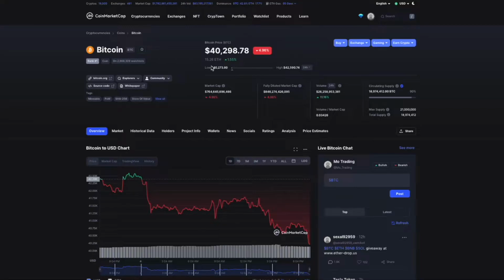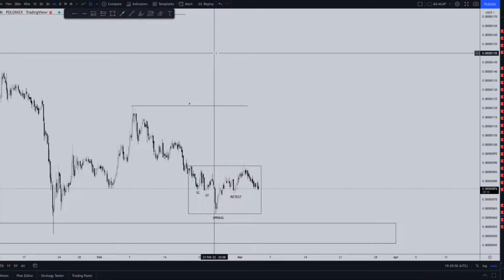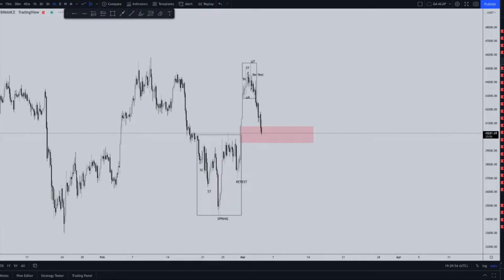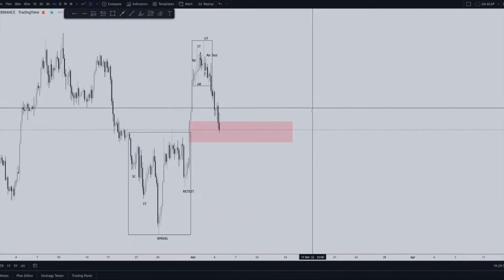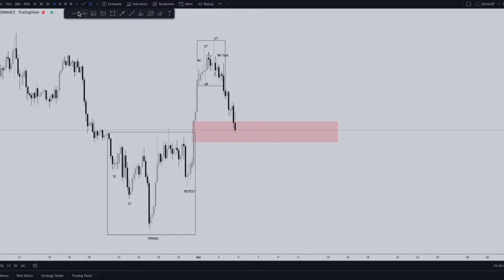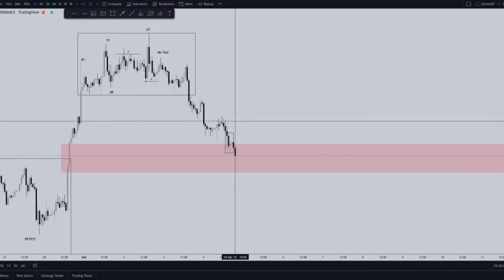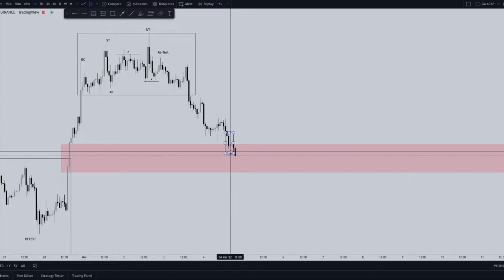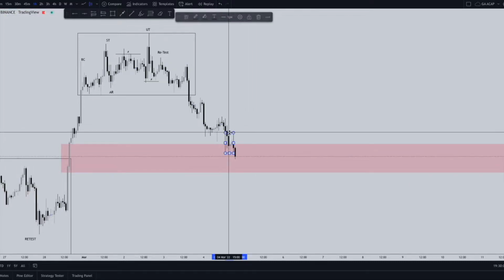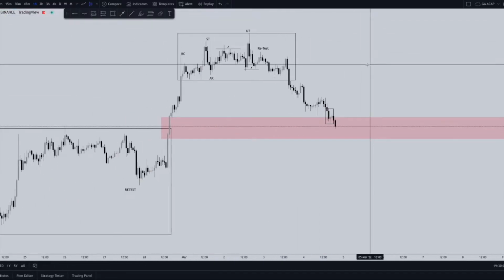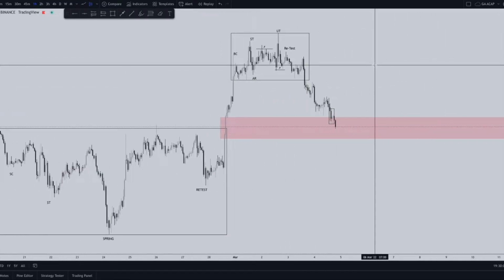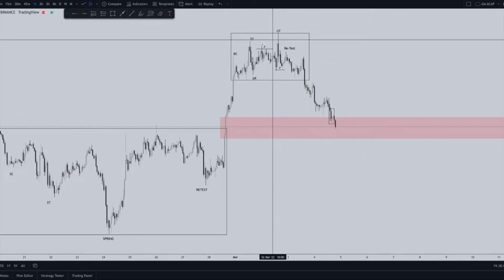So if we go over to TradingView to have a bit more in-depth analysis on Bitcoin, we can see here how price pretty much dropped into this very key area that I had marked out. You can see here how well this distribution schematic played out.